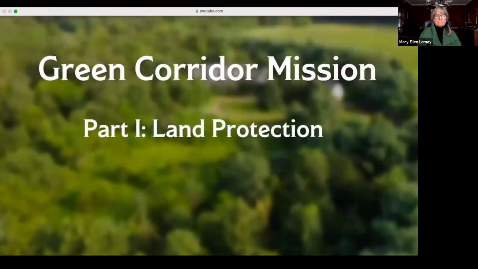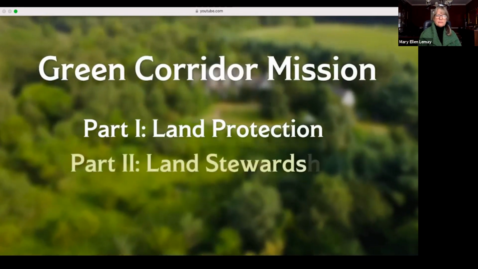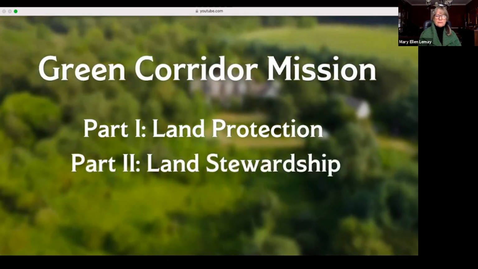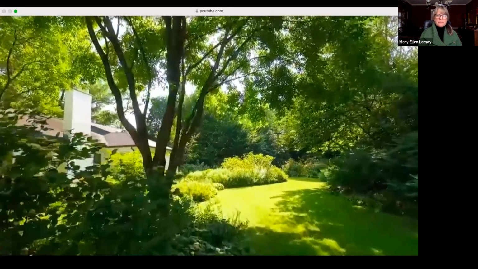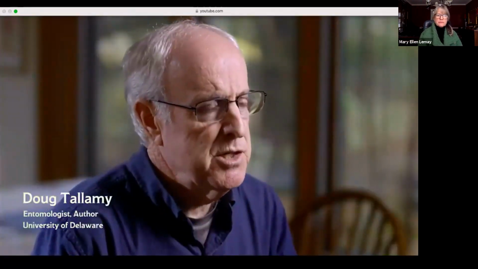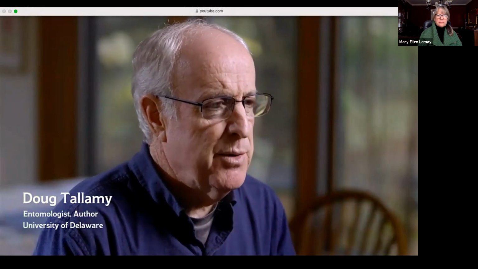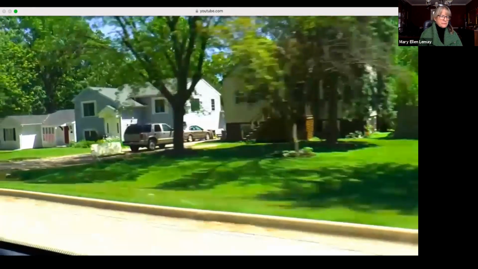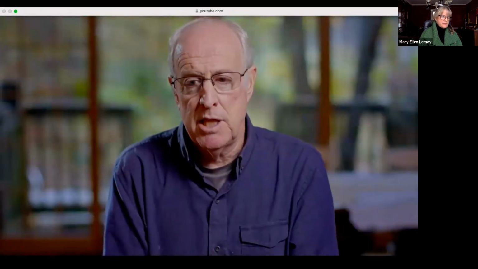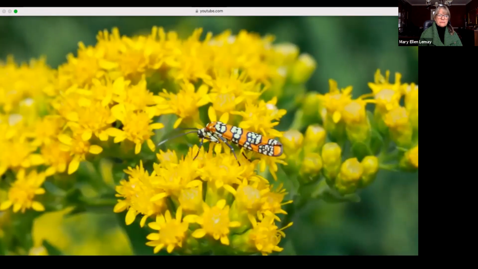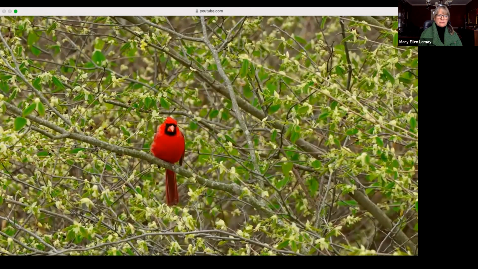Part 2 of the Green Corridor is land stewardship, encouraging homeowners to keep their backyards sustainable. We are controlling the plants that are on our land. And right now we vastly favor giant lawns. We've got 40 million acres of lawn in this country. That's the size of New England. And particularly the way we treat our lawns, it's a deadscape. Our lawns don't provide food webs that support all the other things that we need.